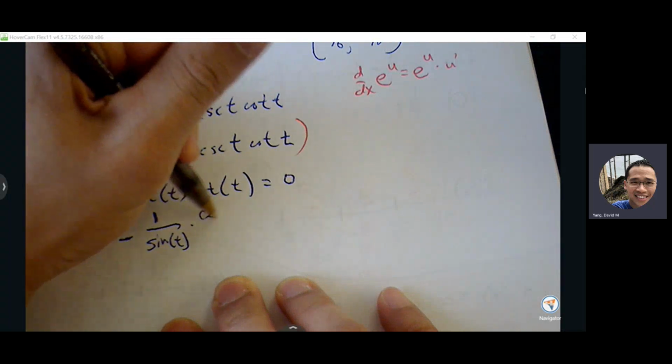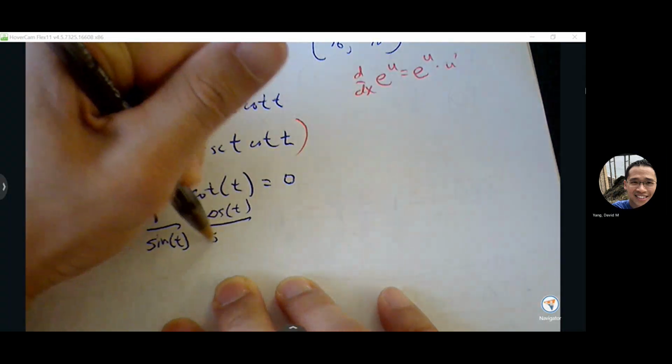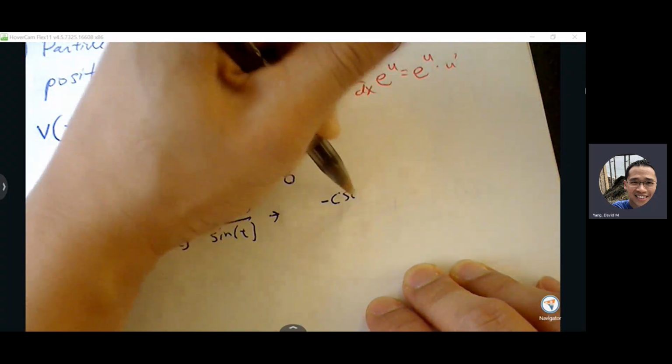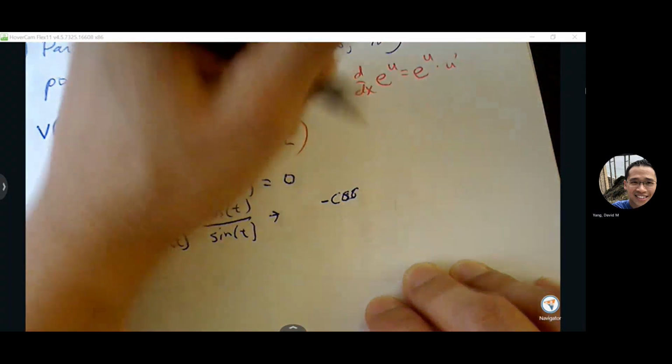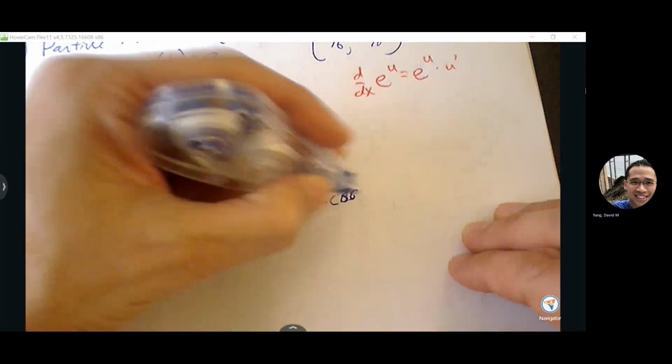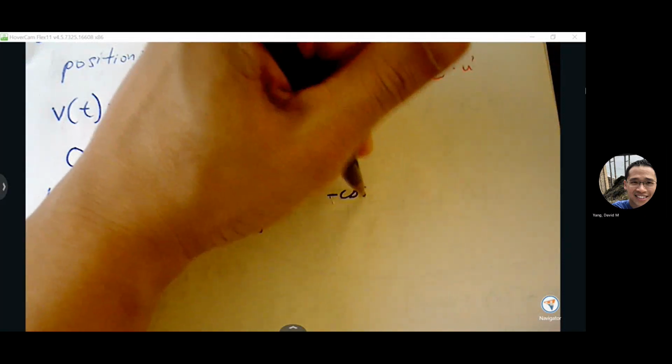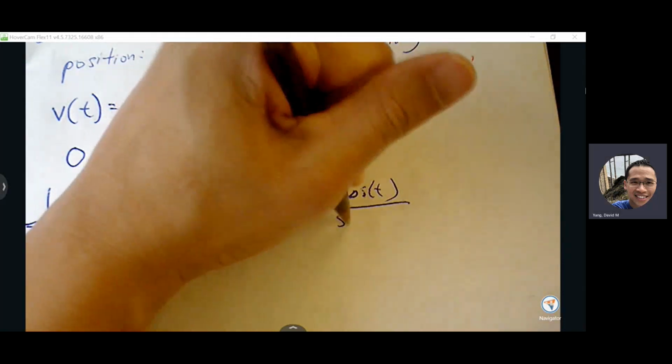Cotangent is cosine over sine. So it's really negative cosine of t over sine squared of t.